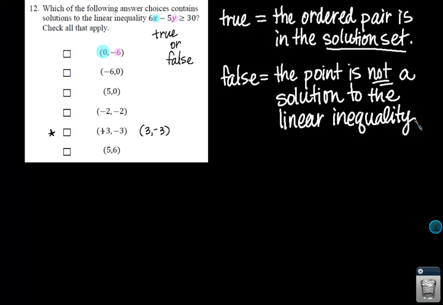If we get a false statement, then the point is not a solution to the linear inequality. Therefore, it's not in the solution set.